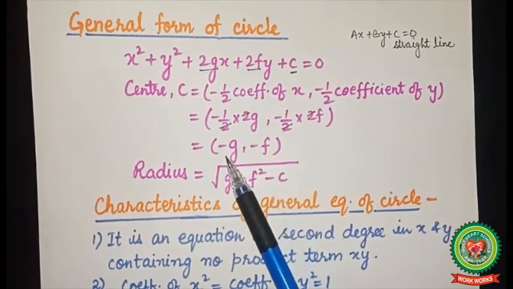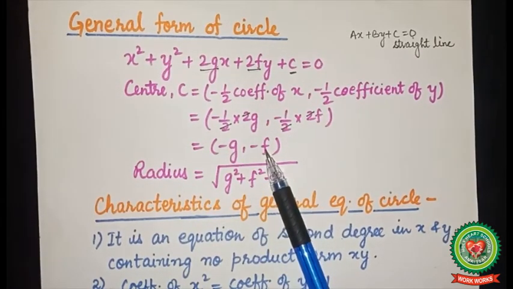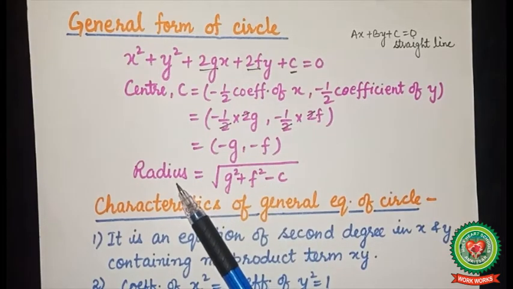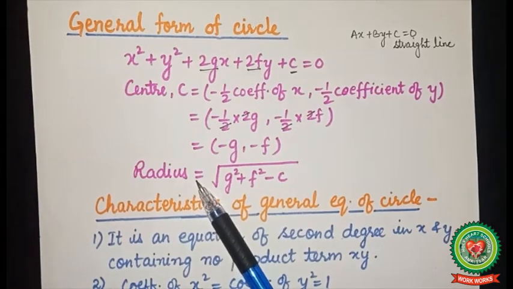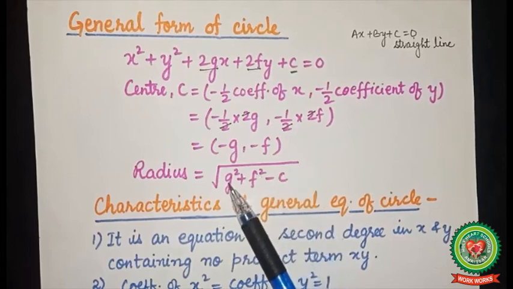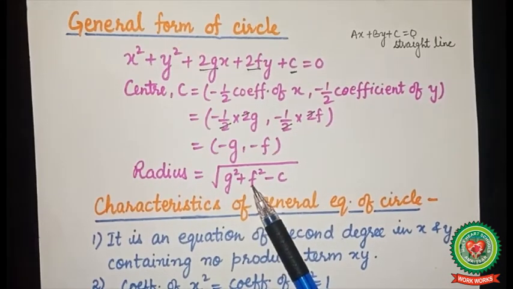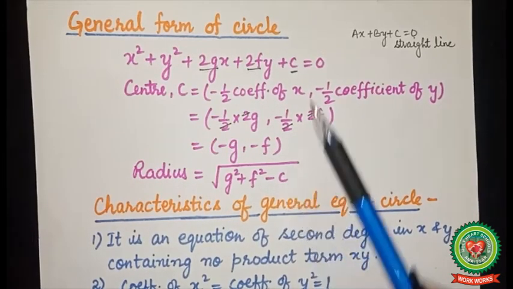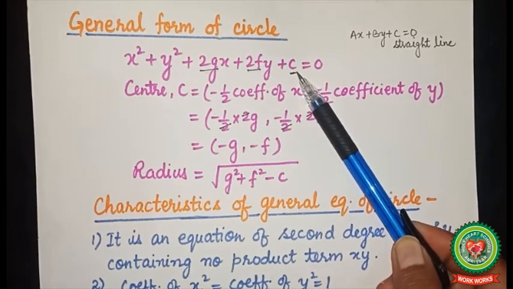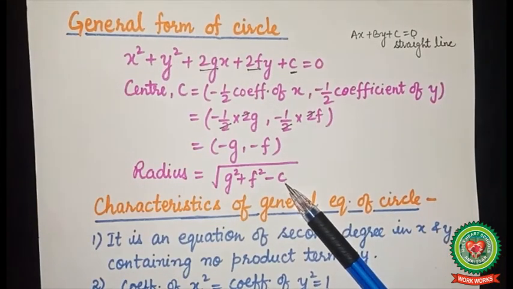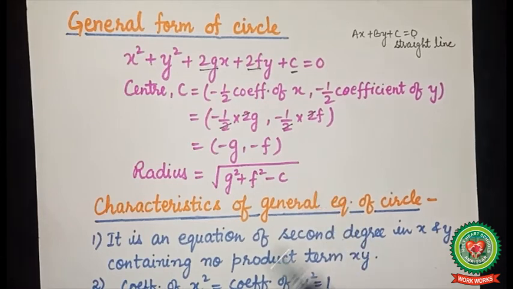These are the coordinates of center. Now radius. Radius is equal to under root of g square plus f square minus c. c is a constant term. It is always subtracted. So in this way we can find the center and radius of the circle from the general form.